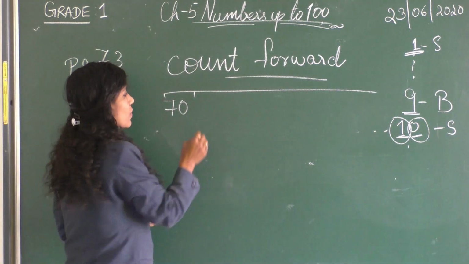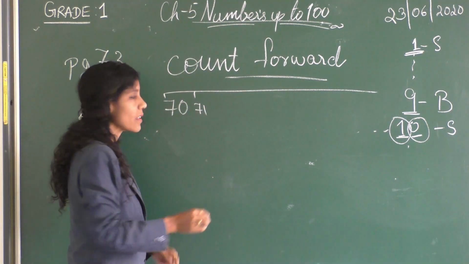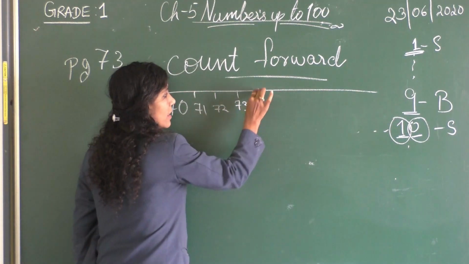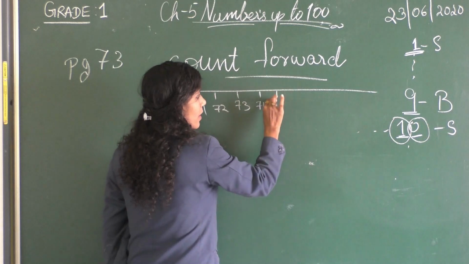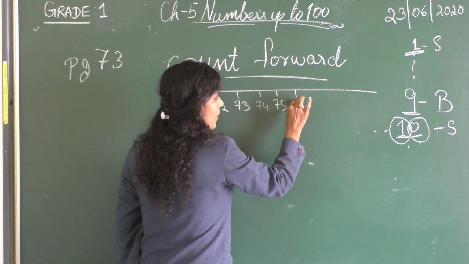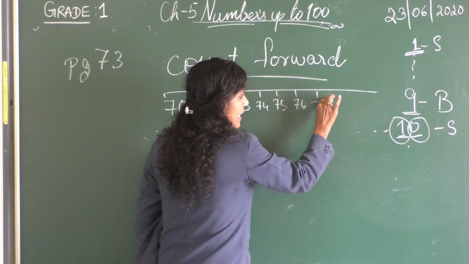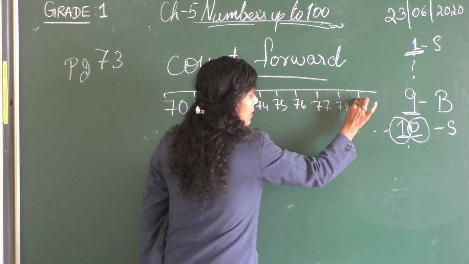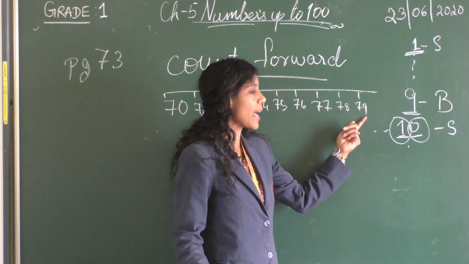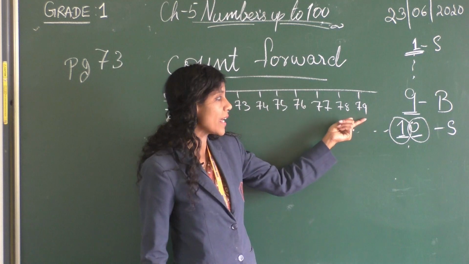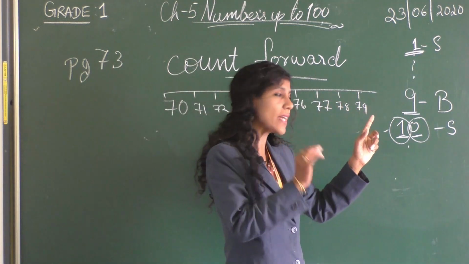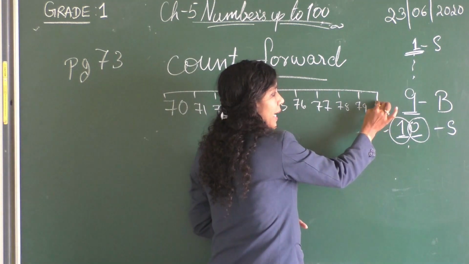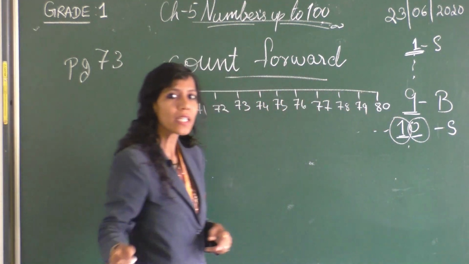After 0 we have 1, so 71, 72, 73, 74, 75, 76, 77, 78, 79. 9 ones in the ones place. After 9, the 10th one will convert to go to the tens number. So 7 will become 8, and the ones position will be 0.